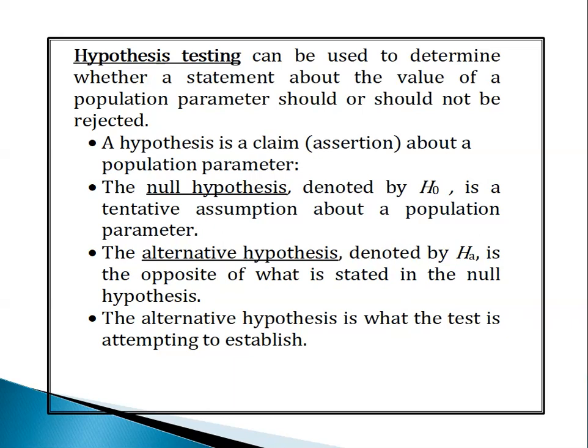The hypothesis is a claim about the population parameter, and there are two terms: the null hypothesis and the alternative hypothesis. The null hypothesis, denoted by H0, is a tentative assumption about the population parameter. The alternative hypothesis, denoted by HA, is the opposite of what is stated in the null hypothesis. The alternative hypothesis is what the test is attempting to establish.